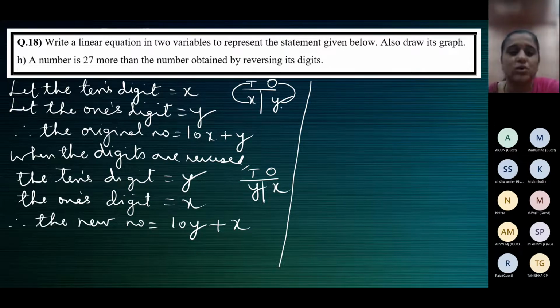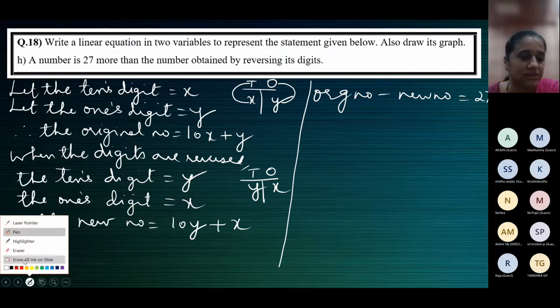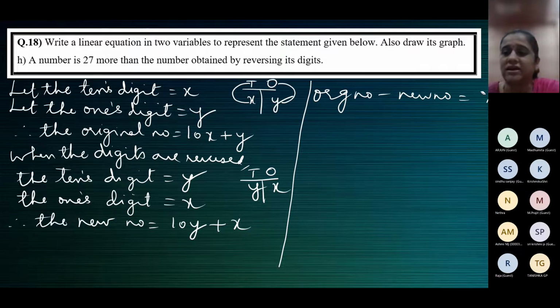But which is greater? The original number is greater. So original number minus the new number is equal to 27. That's the difference. Understand, the original number is 27 more than the new number. That means the difference between the two numbers is 27.